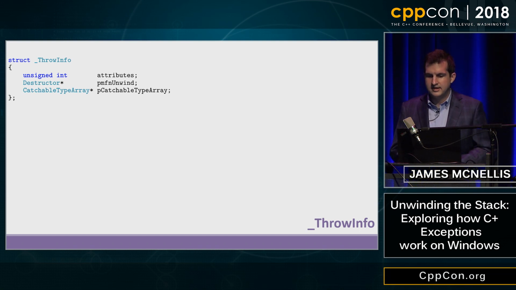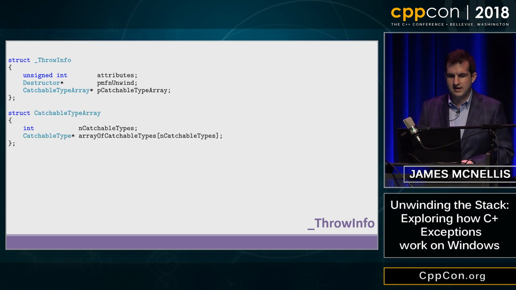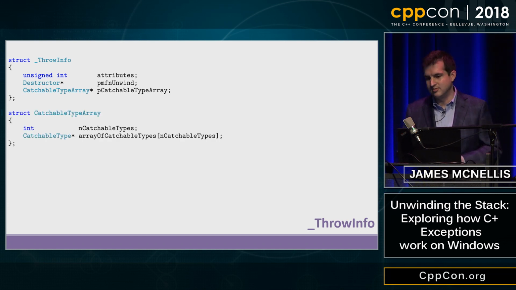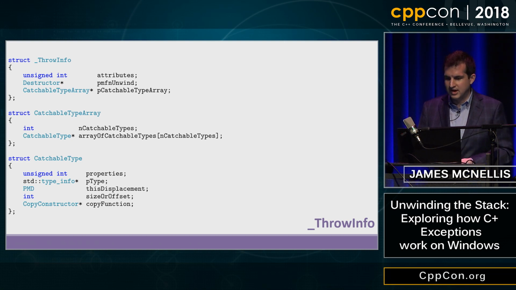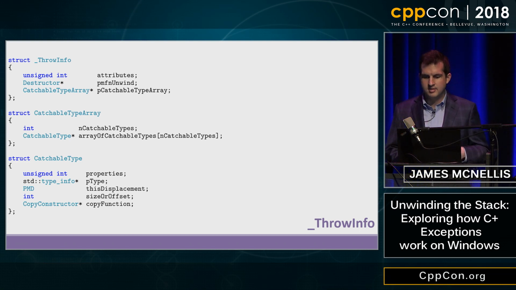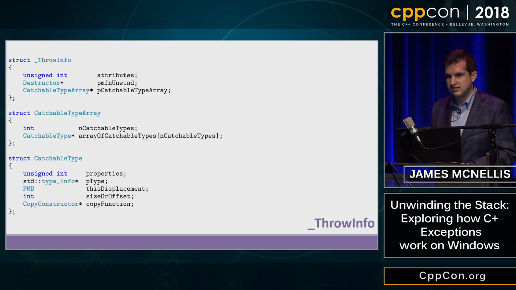right time. And then it has a catchable type array, which, as its name indicates, is an array of catchable type objects, where each catchable type object describes one of the types via which the thrown object can be caught. So this includes some flags, a pointer to a type info object representing the type. These are the same structures used by RTTI.